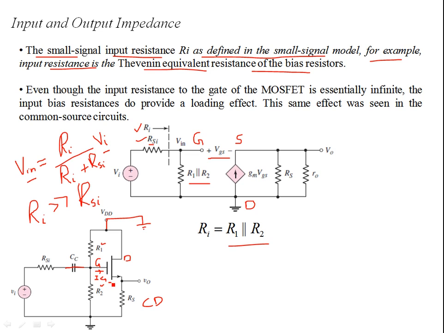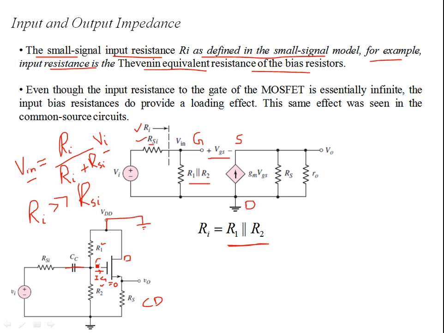Ig is 0, so the input resistance of the MOSFET device is infinitely high. Essentially, as far as the input resistance of this common drain or source follower configuration is concerned, it is set by the parallel combination of R1 and R2, the biasing resistances.